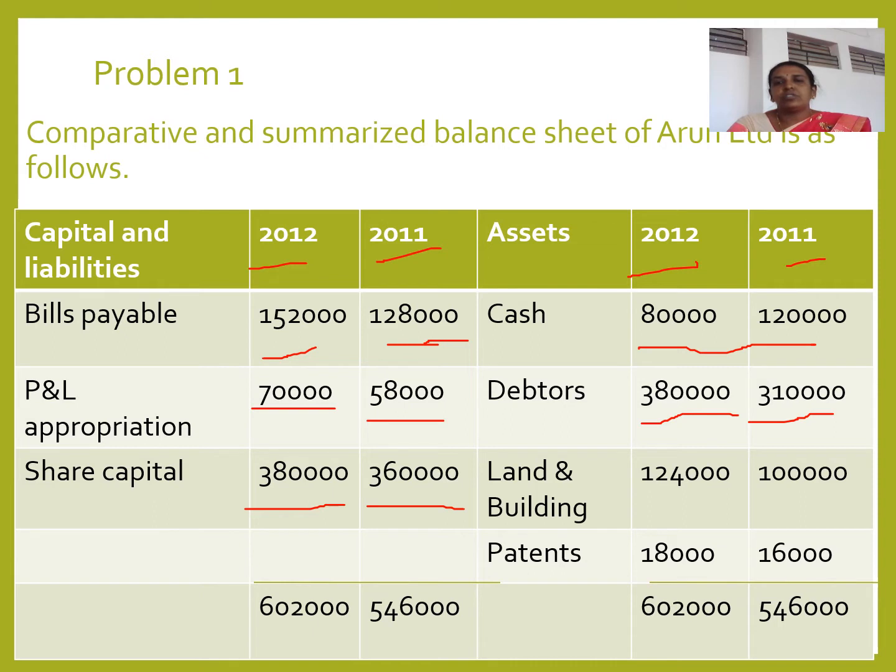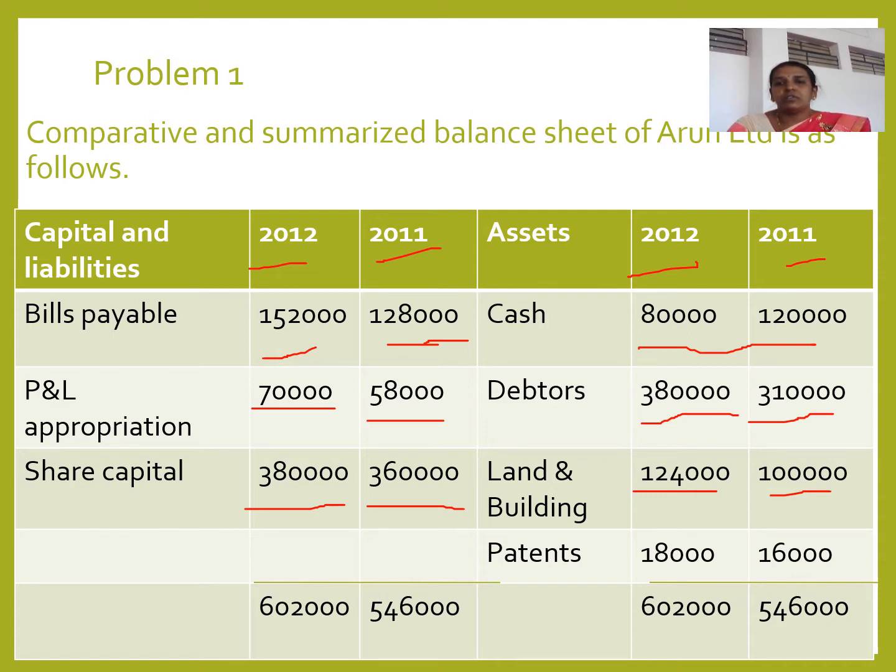Then land and building. In the year 2011 the land was for rupees 1 lakh and the value of the land in the year 2012 is increased to the extent of 24,000. There is a purchase of land in the year 2012. Then next one is patents.